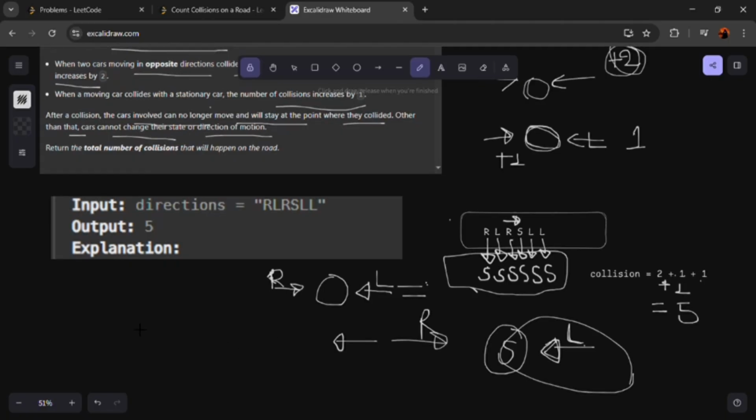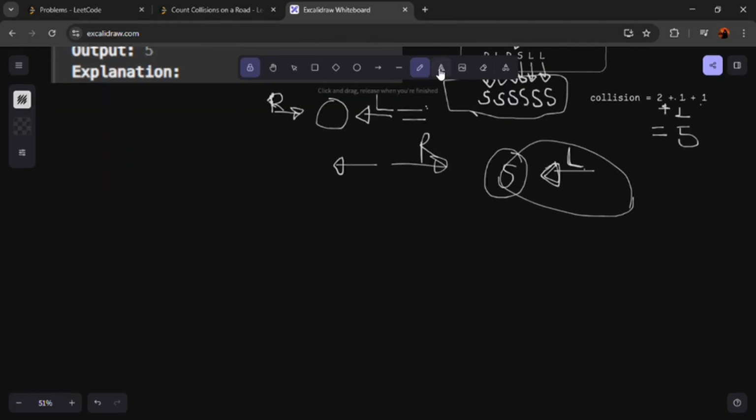Let's move to another example. There is one more example which you have to understand. I write it over there. That is, if there is a car which moves left and another car which also moves left, and R and R. So let's look here.